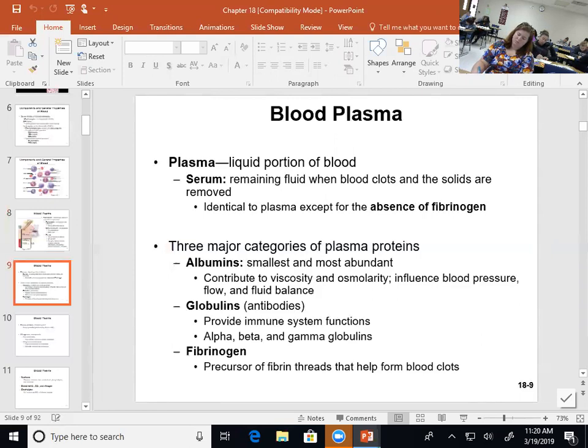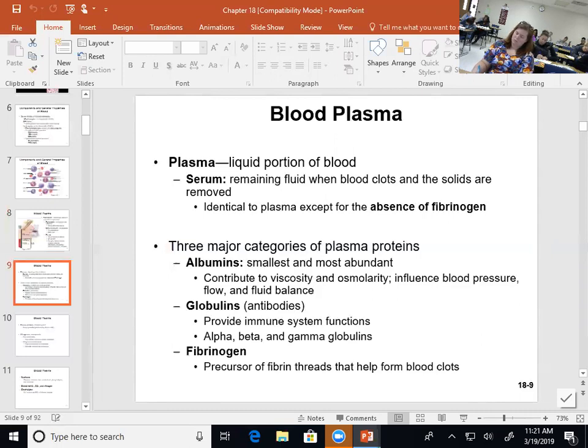And then there's something else in our plasma. It's not just fibrinogen, it's others as well, called clotting factors. Fibrinogen is one of them. These are called blood clotting factors. Whenever you hear the term factor, you can pretty much know it's talking about a protein that's being made.